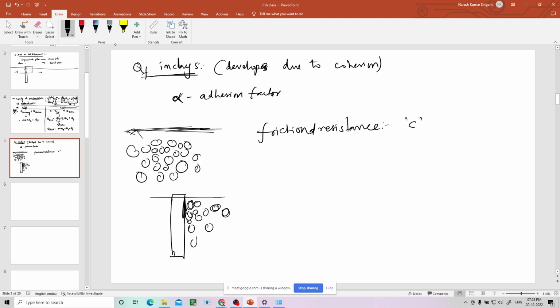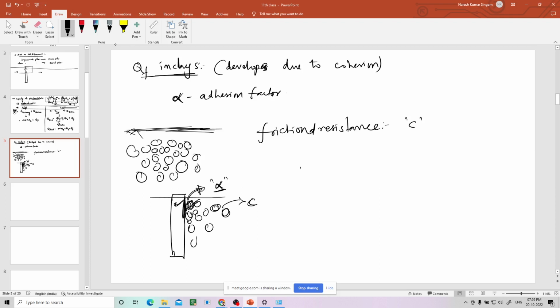In between two clay particles, the frictional resistance will be equal to C. Whereas in between two different materials, there will be a decrease in the frictional resistance. It cannot develop its full resistance as there is another material present. So that decrement is shown in terms of the adhesion factor. If you multiply this alpha with C, you will get the net frictional resistance along this surface.